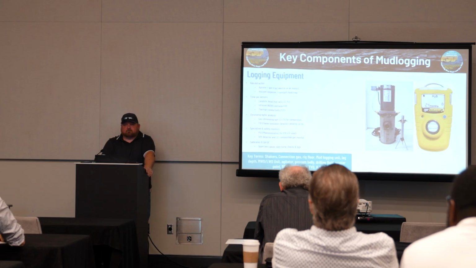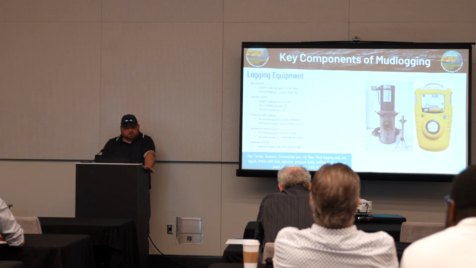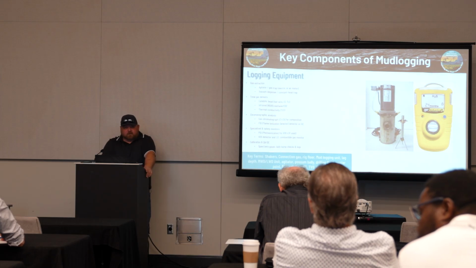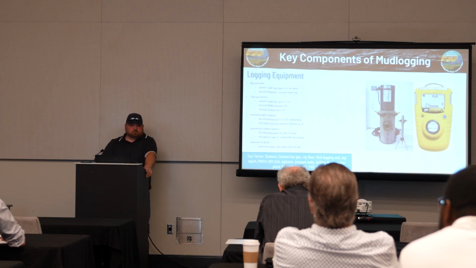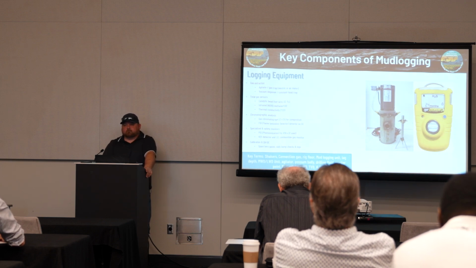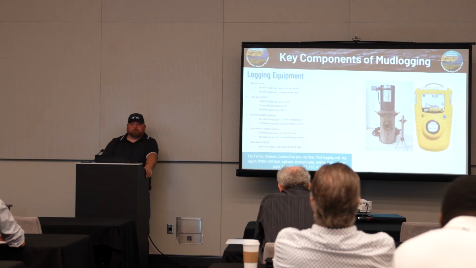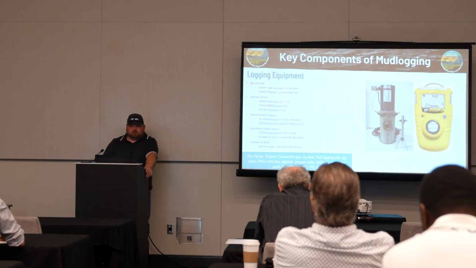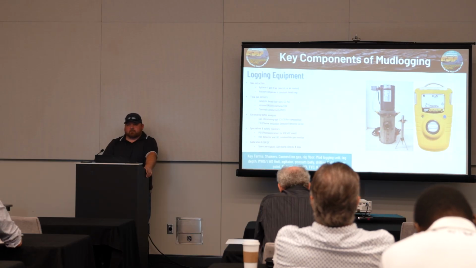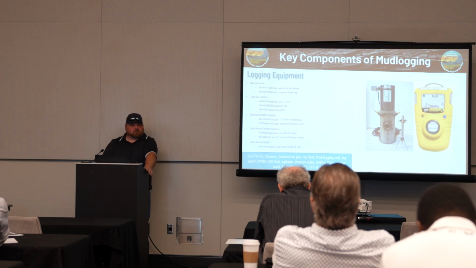Calibration and quality assurance of those gas detection systems is paramount. You want to bump test with span gases, zero gases. They're usually calibrated 1% equals 100 units, so 10,000 units is a max. That's 100% gas, zero dilution.